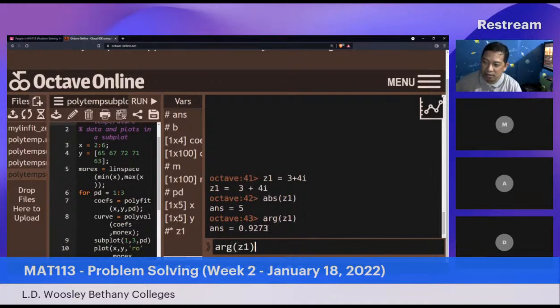This is in radian measurement. Okay, any idea? How do you convert radians to degrees?